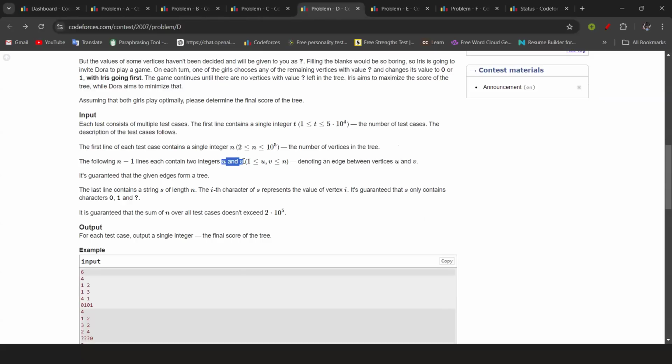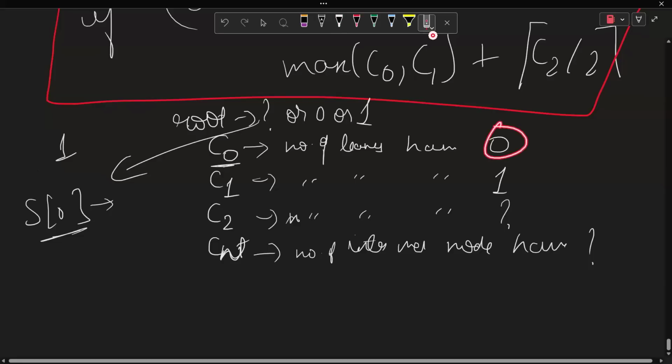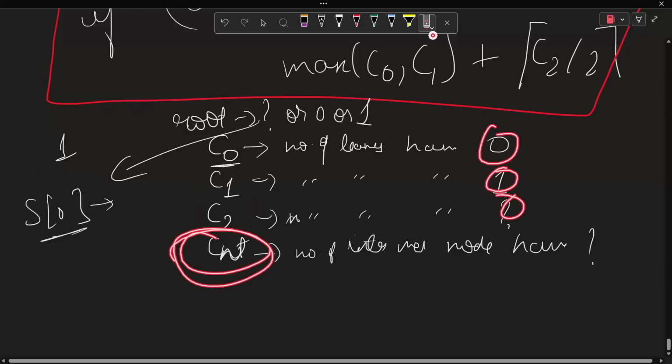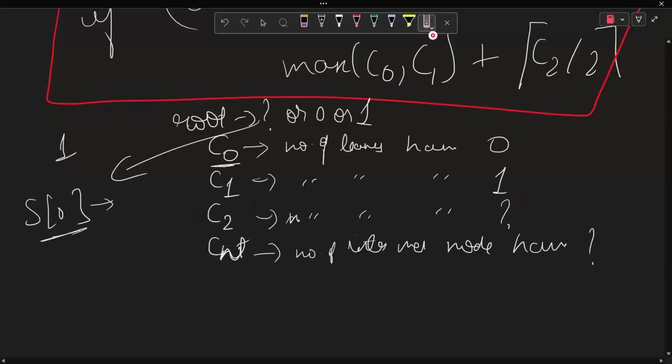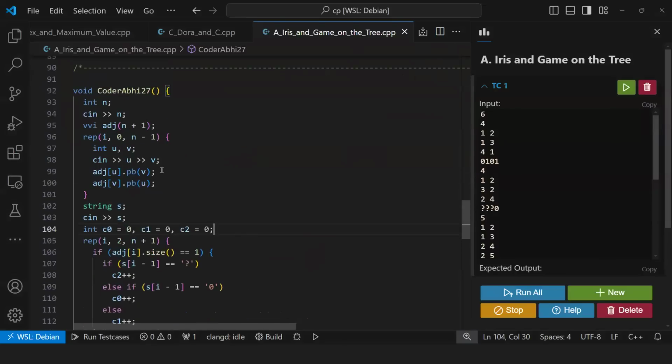For every node I, check if it is a leaf node. If it has no children, it is a leaf node. If it is a leaf node and has a value 0, add plus plus to C0. You can add plus plus according to 0, 1 or question mark. And for CNT, for other nodes which are not leaf nodes, if that is a question mark, add plus plus to your CNT.